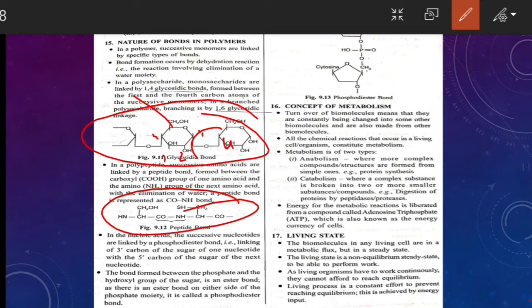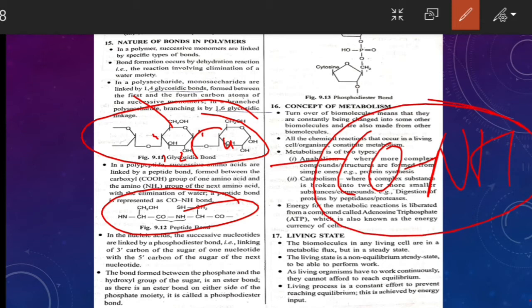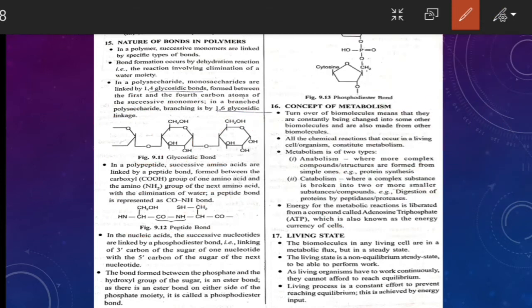NH2 loses one H and COOH loses OH. When H2O is lost, a CONH bond is formed. The CONH bond, children, is known as the peptide bond. This peptide bond is responsible for formation of a polypeptide chain, which further folds to form protein molecules.